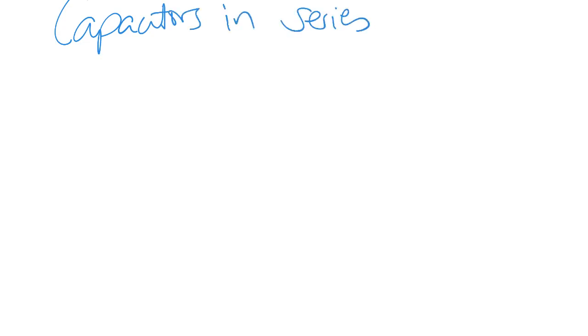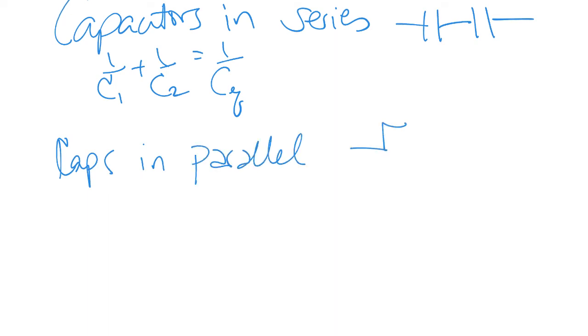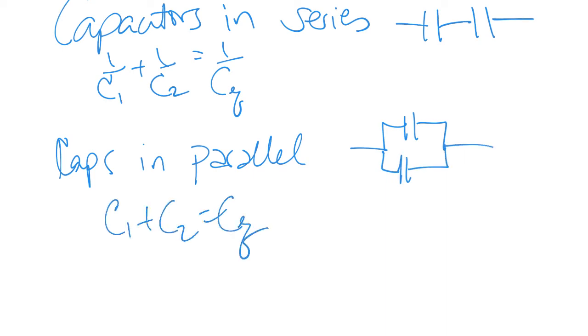Capacitors in series: 1 over C equivalent is 1 over C1 plus 1 over C2. And caps in parallel are when you add them. While we're looking at these equations, springs are like capacitors.